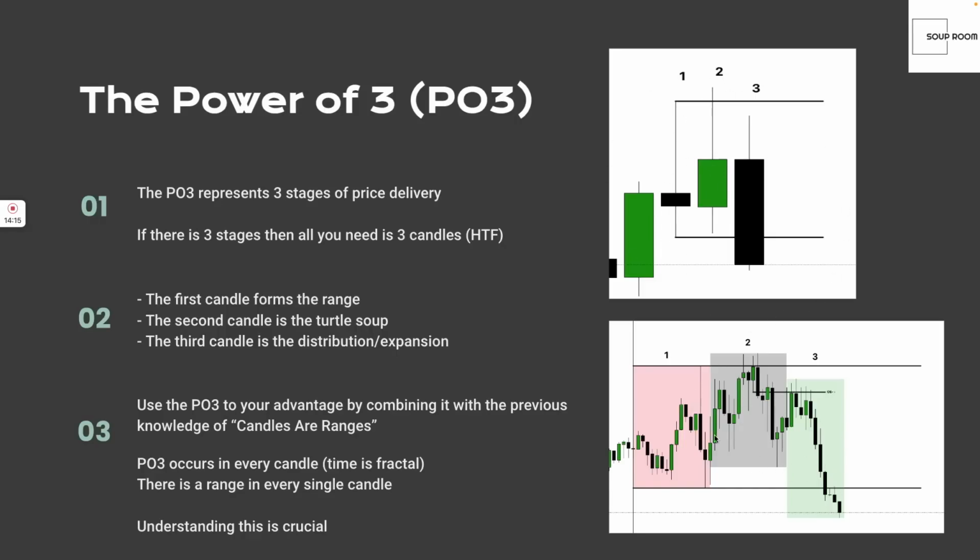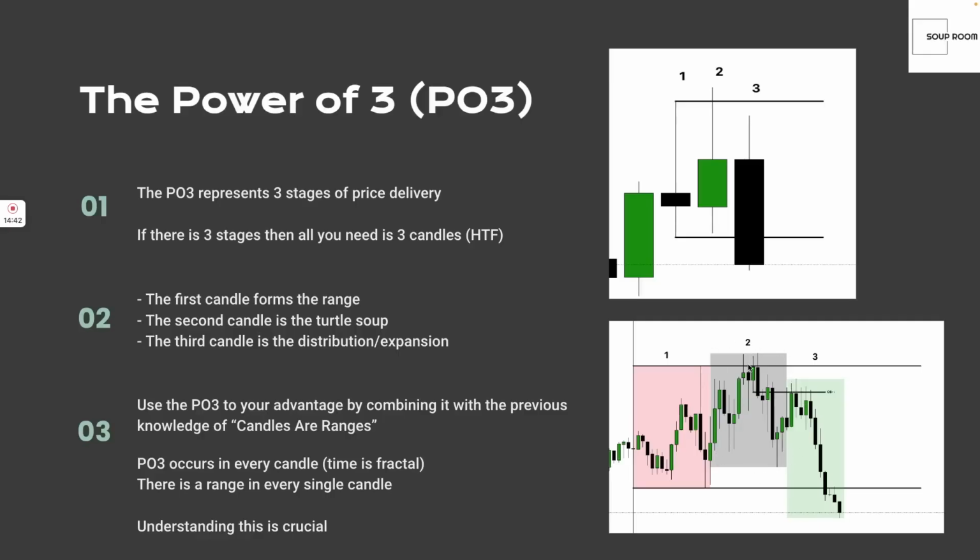As I've mentioned, power of 3 occurs in every single candle. Open, low, high, and close. This is accumulation. Candle 2, open, high, low, close. This is manipulation.